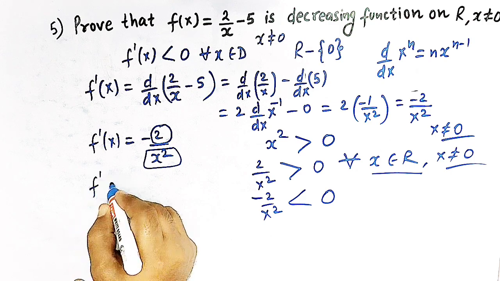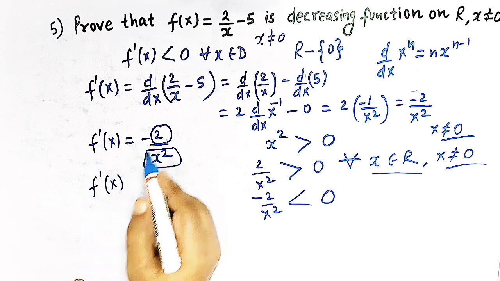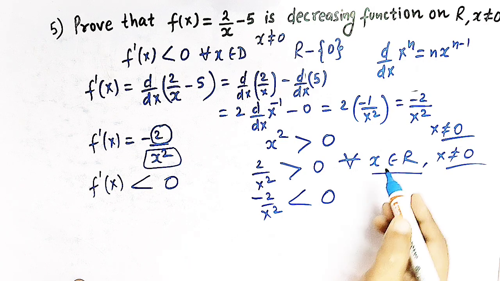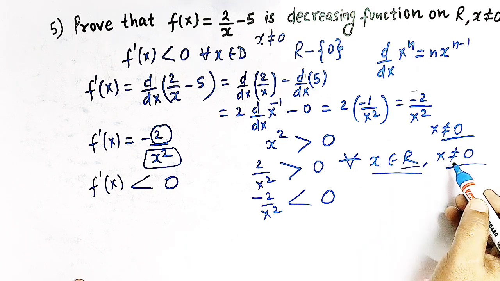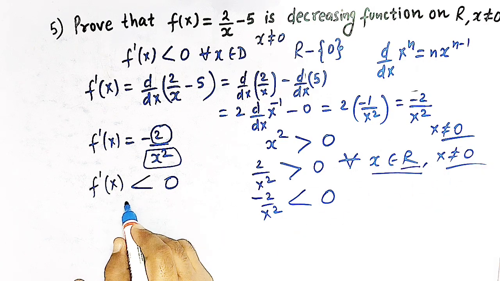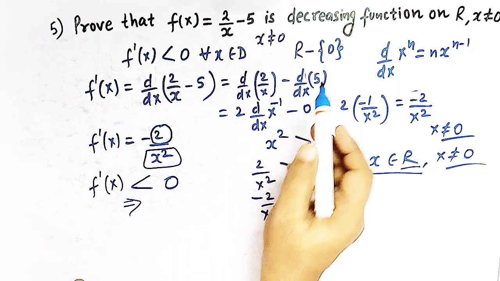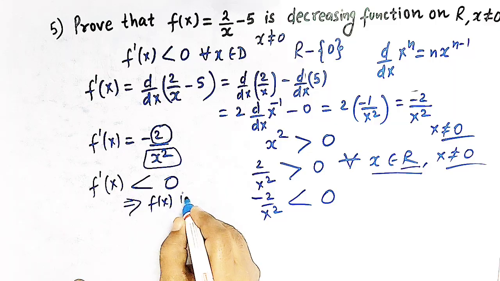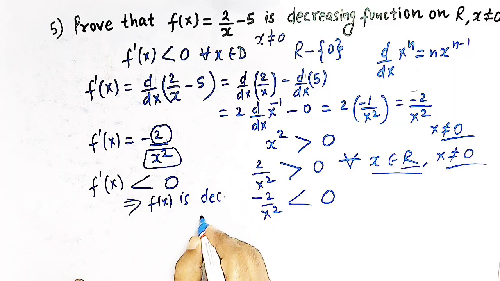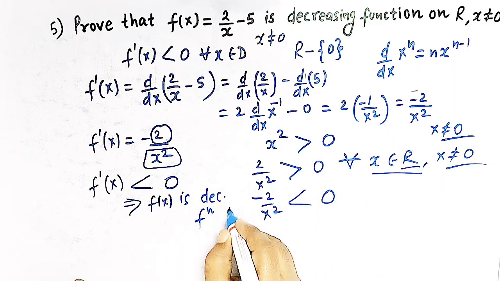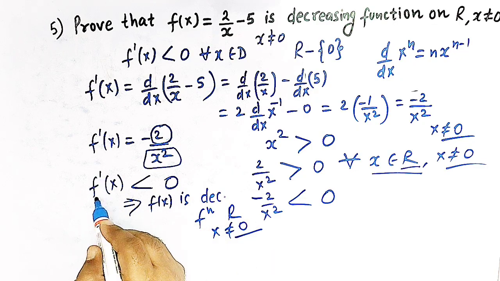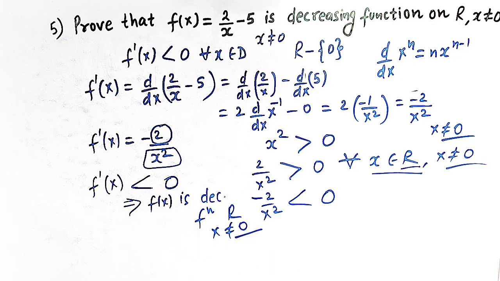So here we can now conclude that the derivative is less than 0 for all x belonging to R, x not equal to 0. So this implies that this given function f of x is a decreasing function on R, where x is not equal to 0, because the derivative is less than 0.